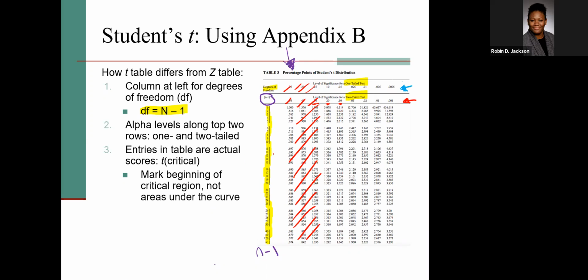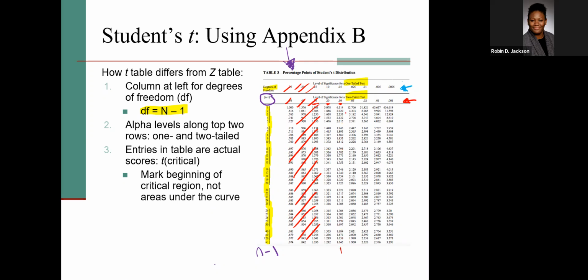You find the degrees of freedom, you find it here. So you go to whatever that row is. So let's say the degrees of freedom is 11. Yeah, I think that's what that says. Let's say it's 11, and I know I'm dealing with a one-tailed test with a significance of 0.05. So that's right there, significance of 0.05, and my degrees of freedom is 11, I'm going to track all the way over to this number right here.